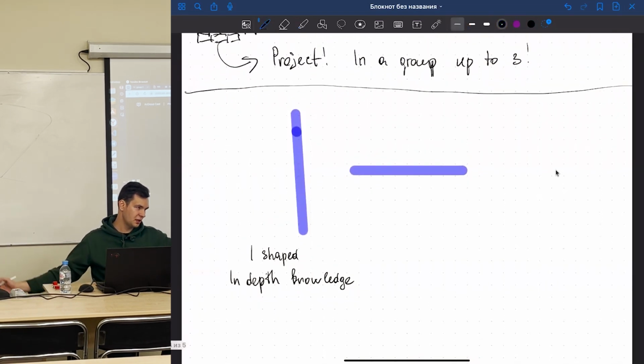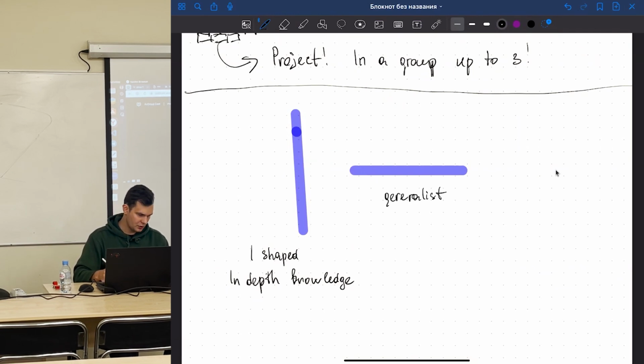He's a generalist. He knows a lot, but just a little bit in each area. So it's different stuff.